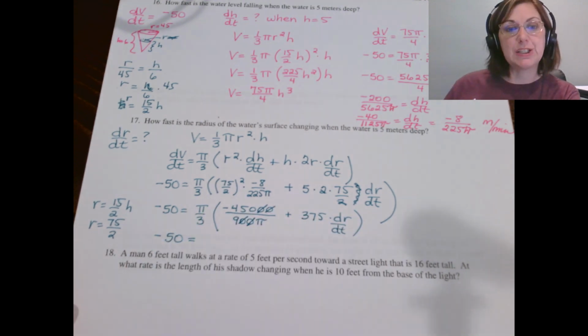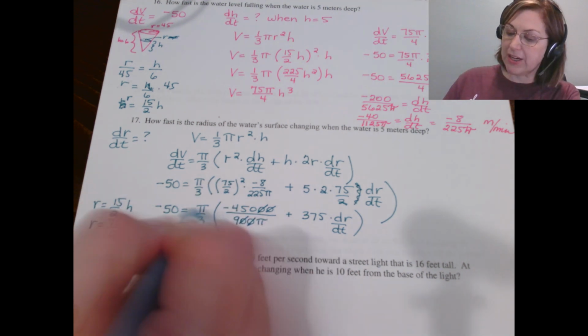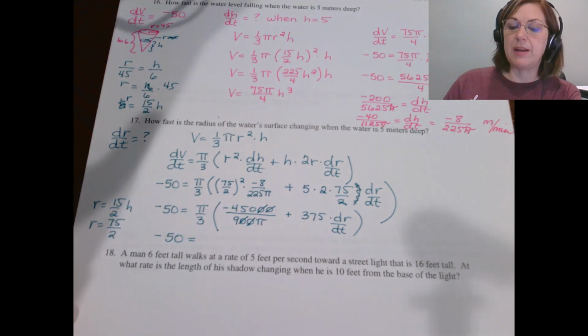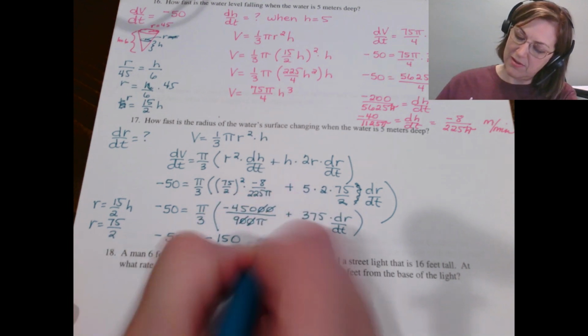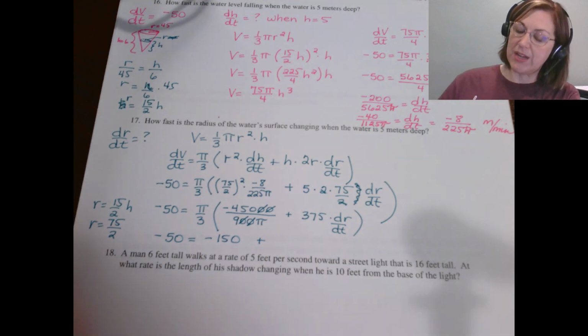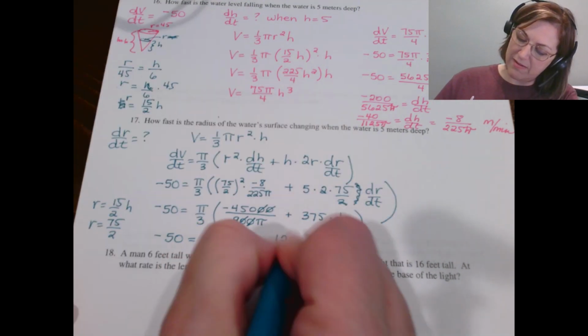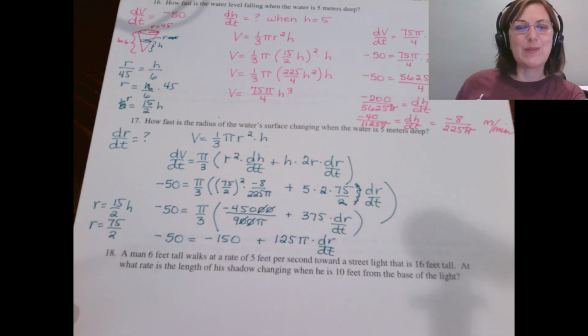That makes it a little bit easier. When I distribute, the pi's are going to cancel, and I'm going to do 450 divided by 3. That's going to give me -150. And then distribute it here. 375 divided by 3 gives me 125 pi times dr/dt. That cleaned up a little bit better, right?